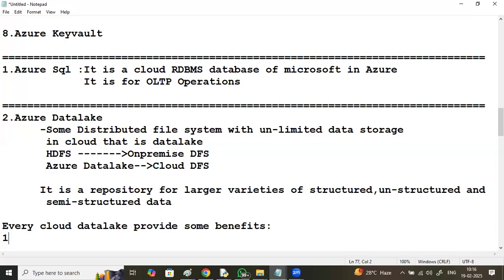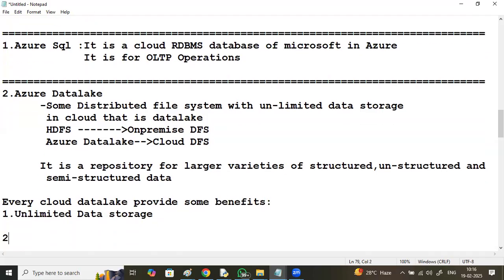First one, unlimited data storage. Secondly, supports all varieties of data, structured data, semi-structured and unstructured data. Structured data like database tables, Excel files, semi-structured data, right?